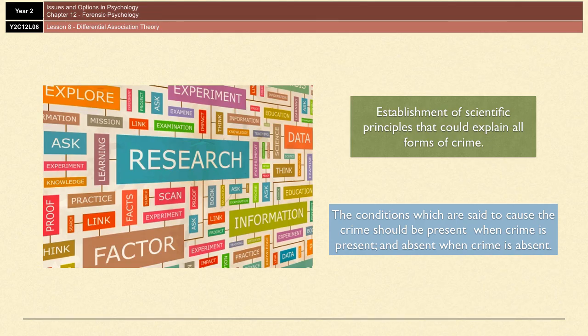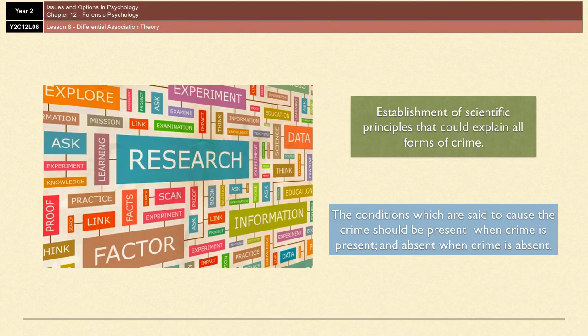Equally, with the genetic and neural explanations, or with the atavistic form, it's very easy for somebody to have those genetic predispositions, or a certain cranial feature that, according to research, is associated with crime, without that person actually ever going ahead and committing a crime.